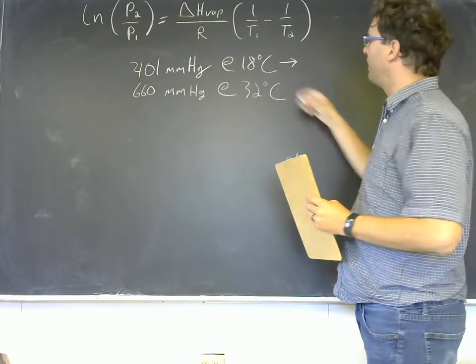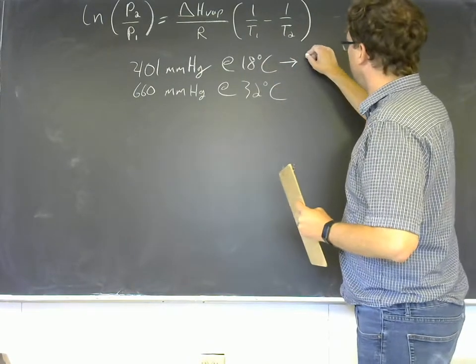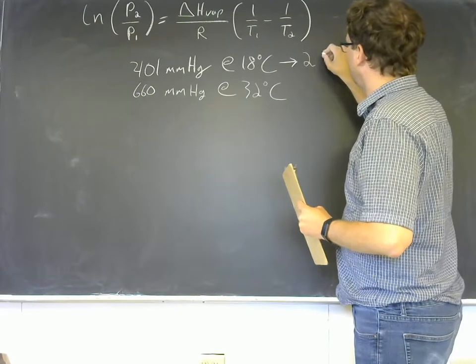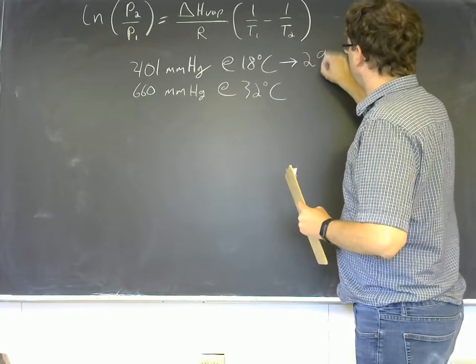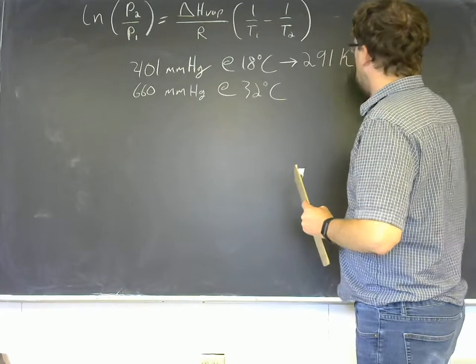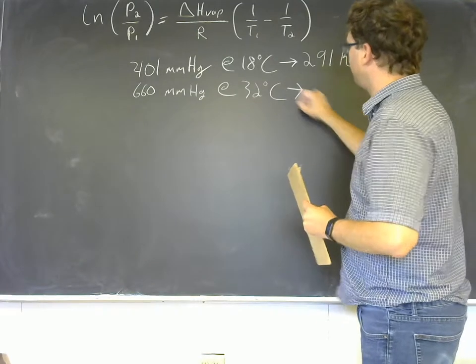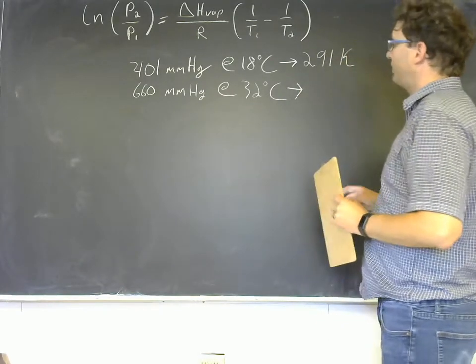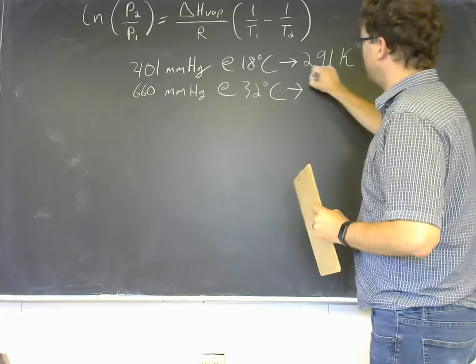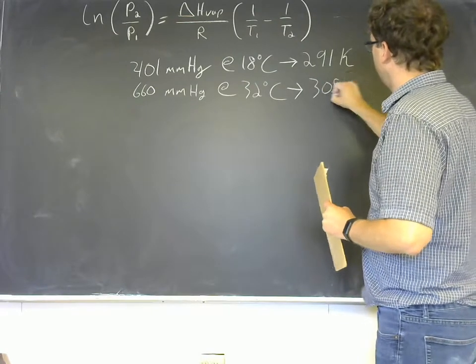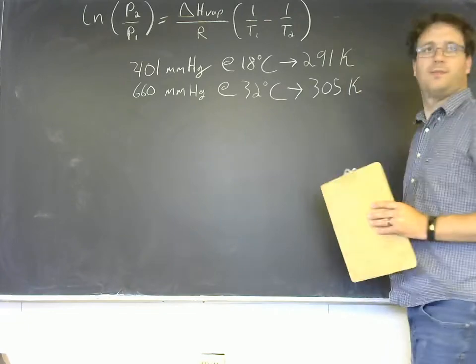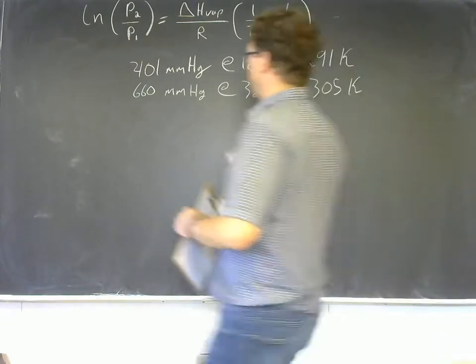273 plus 18 degrees would be 291 Kelvin, and then 273 plus 32, is that 305 Kelvin? Okay, and we can put them into the equation now.